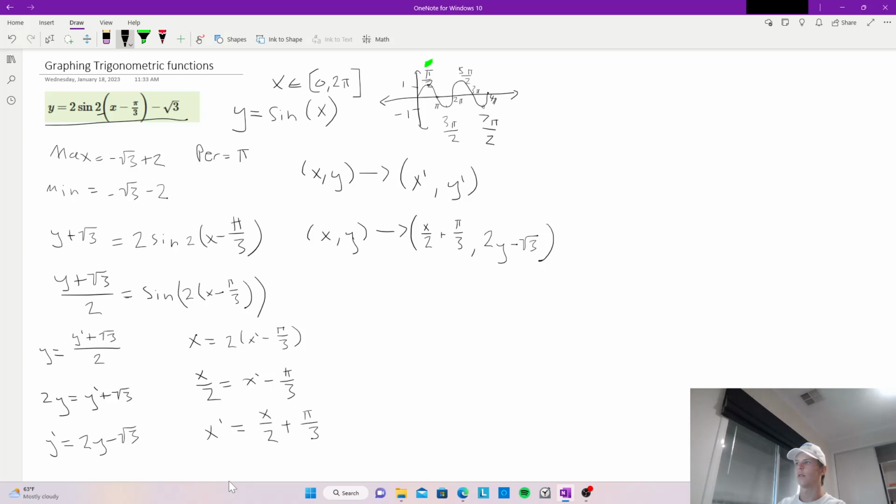And you do that with your first max point, your x-intercept, min point, and your next x-intercept there.